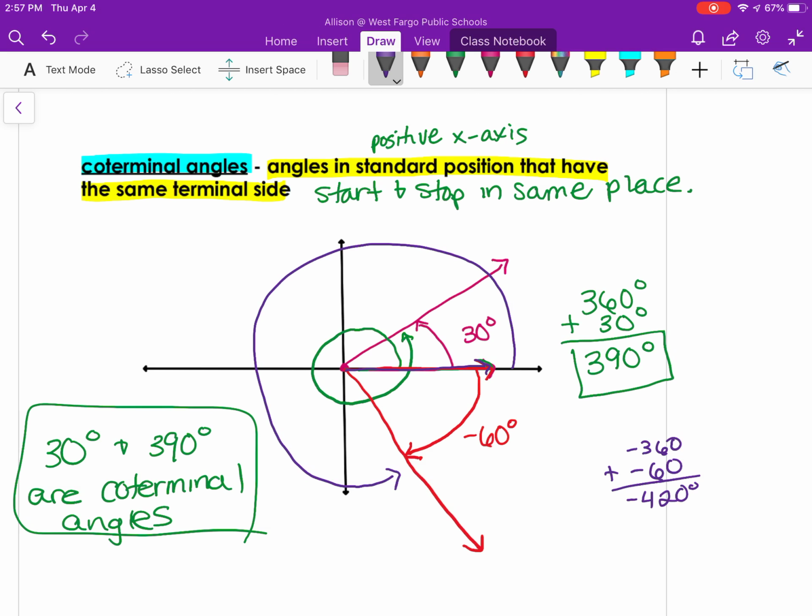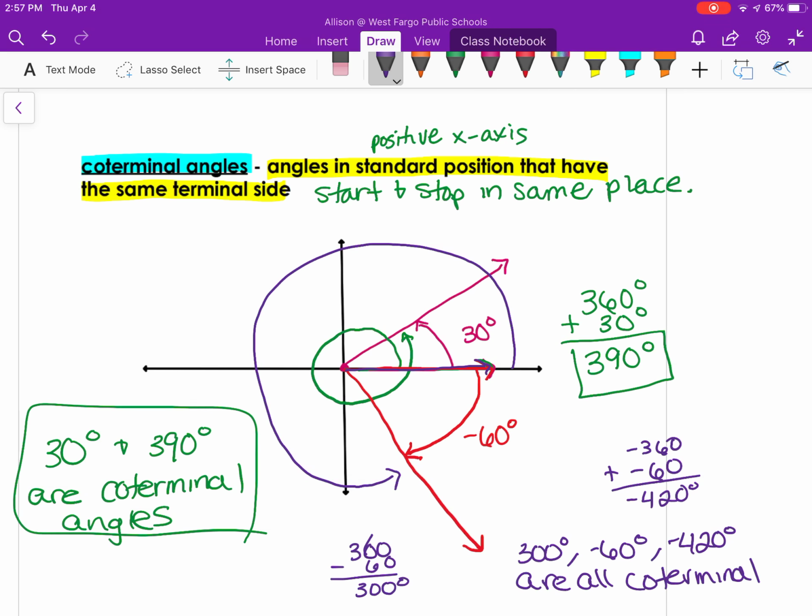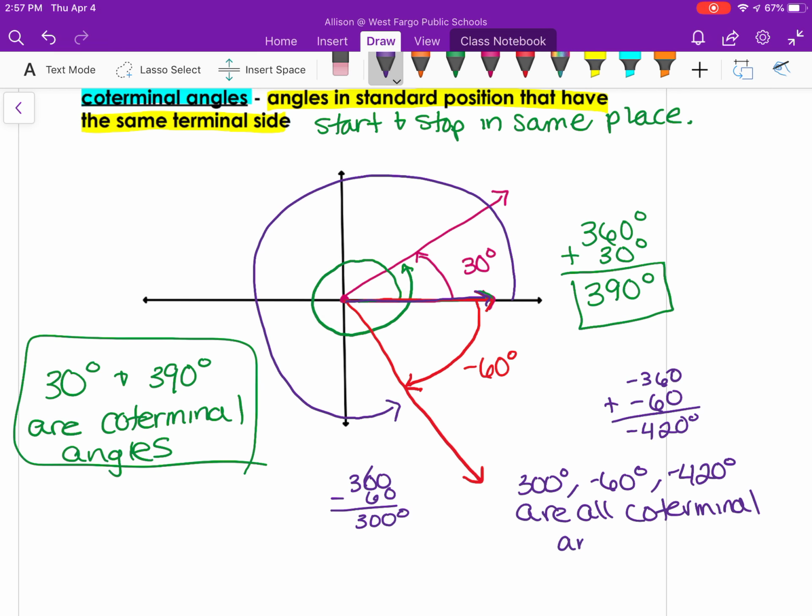If all the way around is 360 degrees, minus 60 degrees, I'd have 300 degrees. So 300 degrees, negative 60 degrees, and negative 420 degrees are all coterminal angles. They all start and stop in the same place.